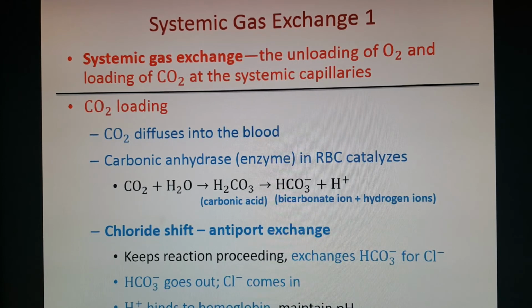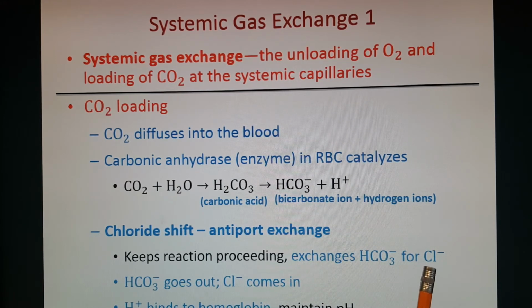So after your carbonic acid has dissociated into your bicarbonate ion and hydrogen ion, the hydrogen ion goes and binds to your hemoglobin molecule. Your bicarbonate ion is involved with chloride shift. So it's an antiport exchange where the bicarbonate ion is exchanged for a chloride ion.